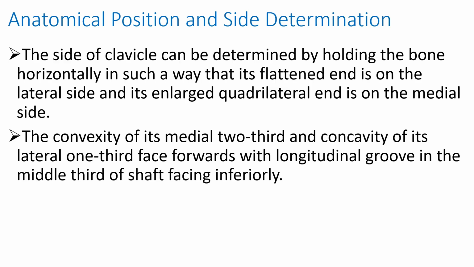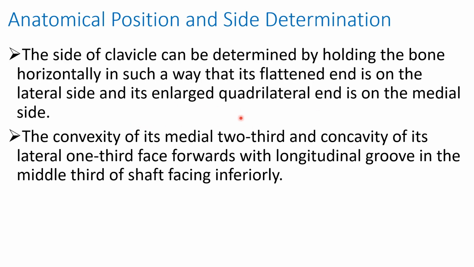So the first thing that you do is that you hold the bone horizontally in such a way that its flattened end is on the lateral side. So this flattened end is what we call the acromial end, and then its enlarged quadrilateral end is on the medial side.